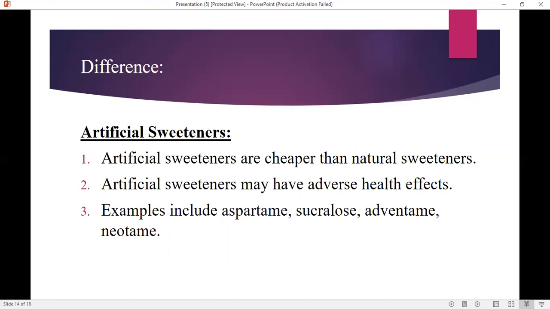Now we are going to discuss artificial sweeteners. Artificial sweeteners are cheaper than natural sweeteners. Artificial sweeteners may have adverse health effects. Examples include aspartame, sucralose, advantame, neotame.